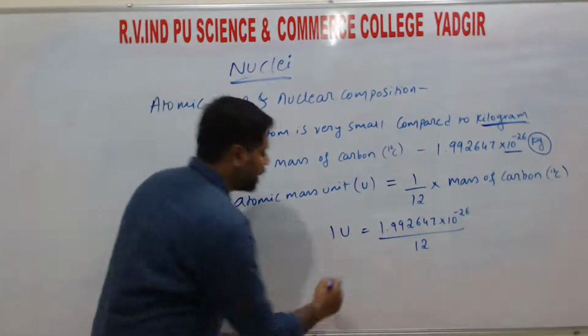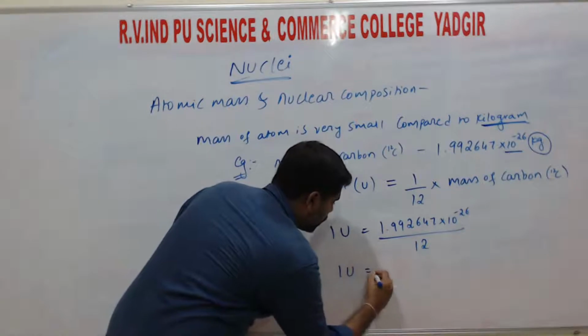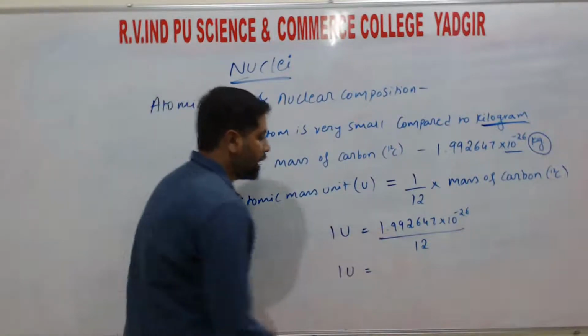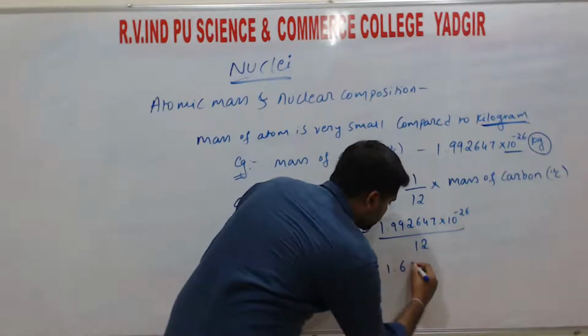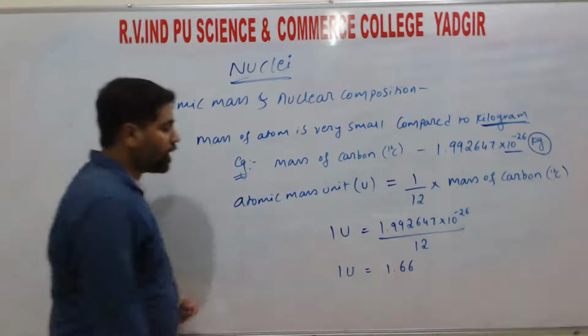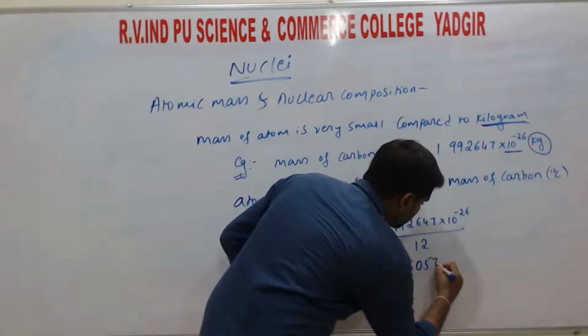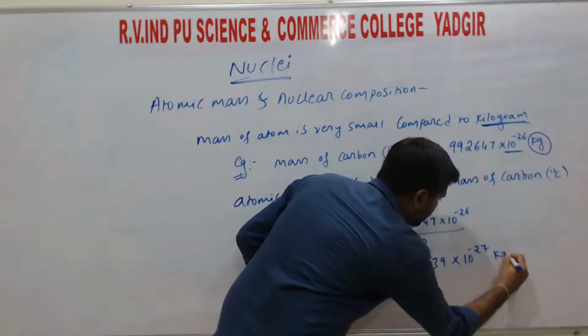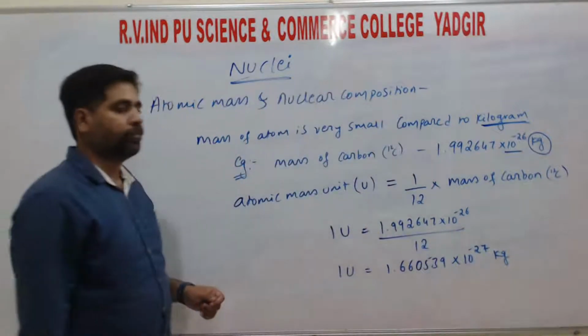Then we get 1 atomic mass unit U equals 1.660539 times 10 to the power of minus 27 kg.